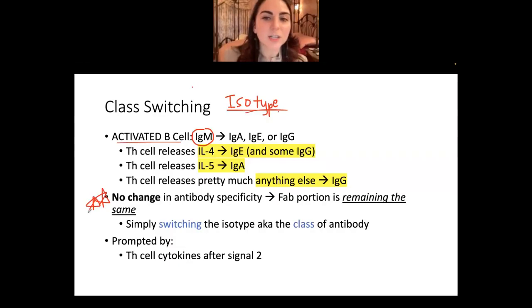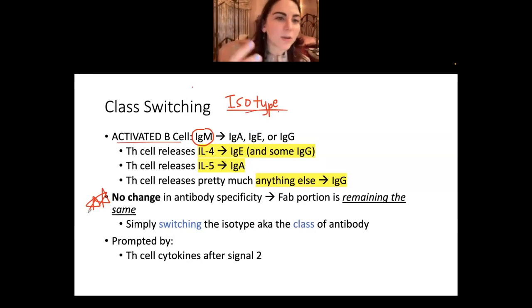The Fab portion is going to remain exactly the same, because we just spent time getting this really specific Fab portion, the variable region. So why would we switch that when we're trying to make antibodies against that exact pathogen? All we're really doing is switching the Fc portion to change the class.